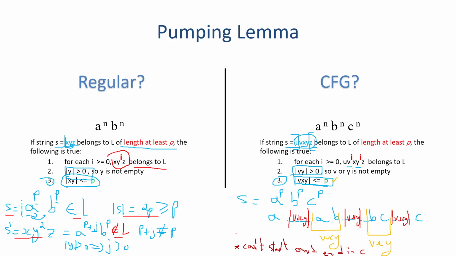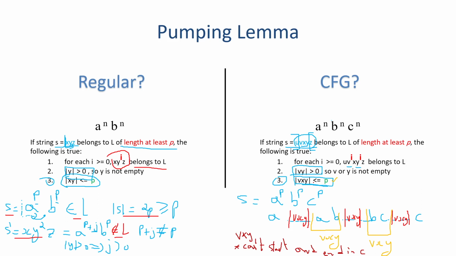Because if that were to happen, I'm starting in A, I have to then travel through all the B's and then end up in C. But I have P many B's. So that means VXY has to be strictly greater than P. That breaks this third rule, so it's not possible. So two things to take into consideration. VXY could be anywhere, but it has to have a size at most P.